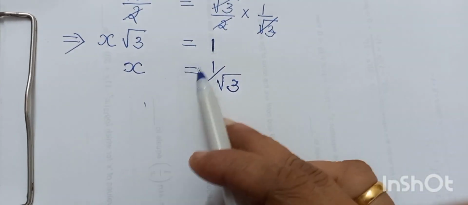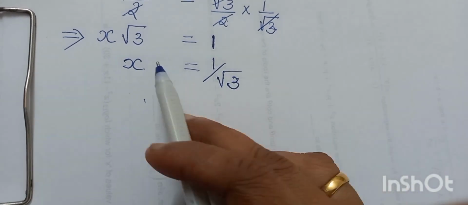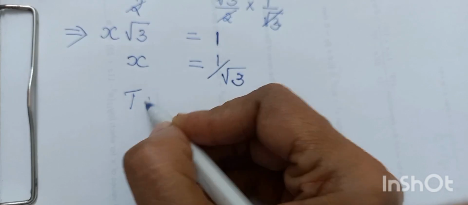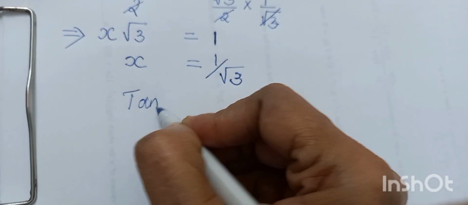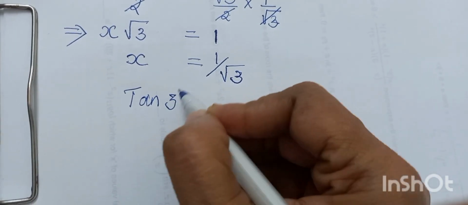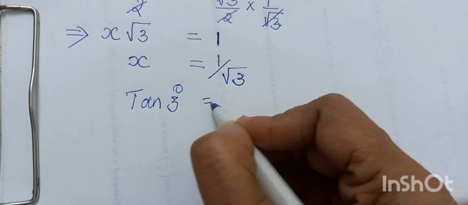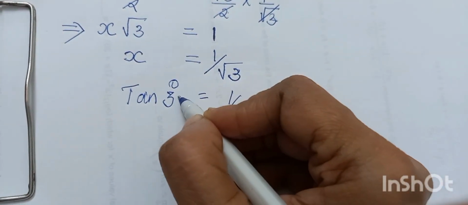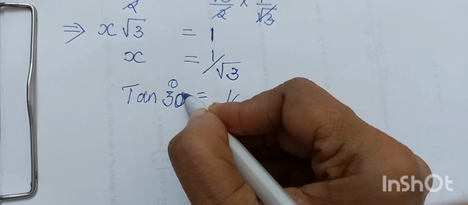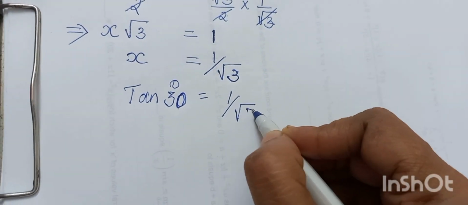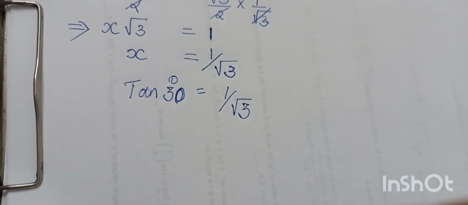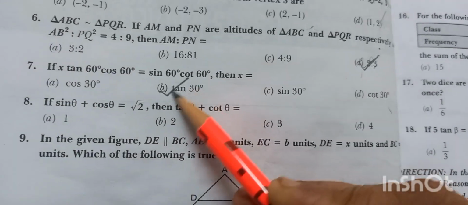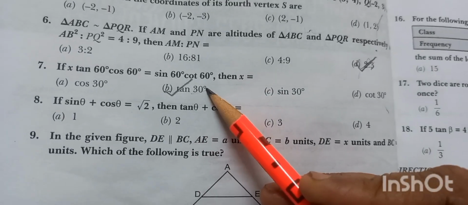So here x equal to 1 by root 3. So x equal to tan 30 degree. We can write tan 30 degree is equal to 1 by root 3. So the answer is option B, tan 30 degree.